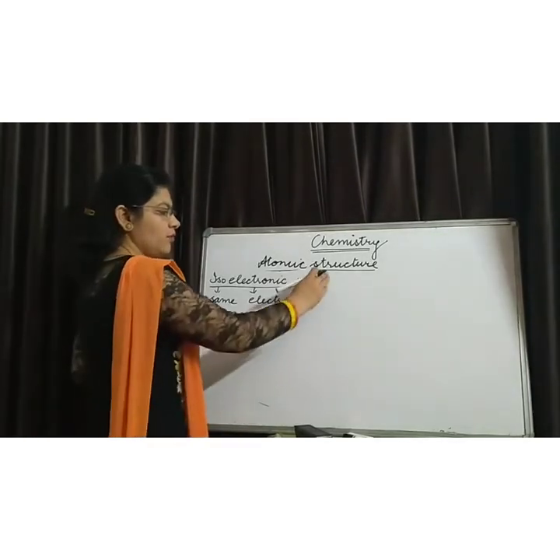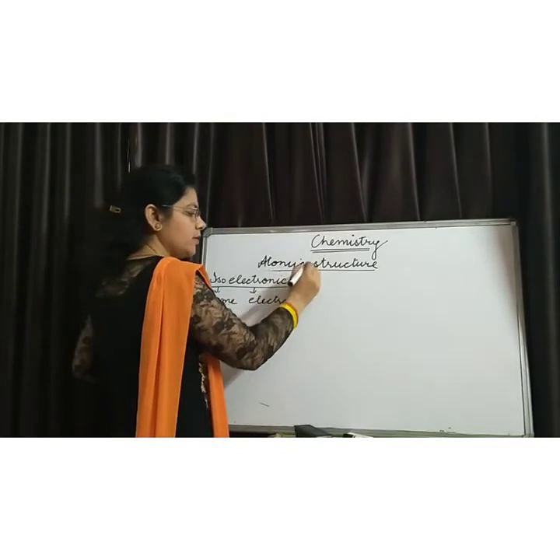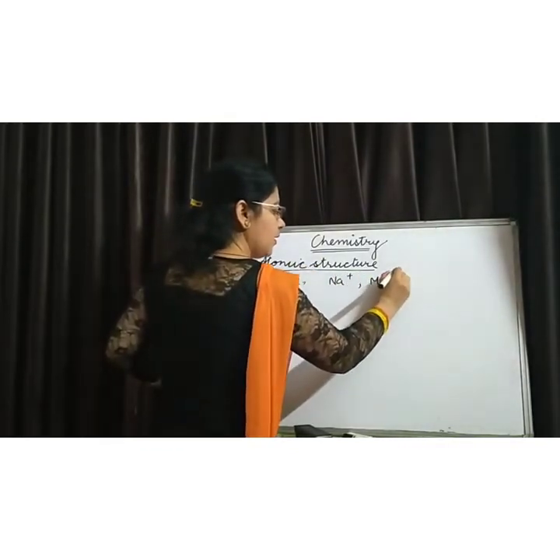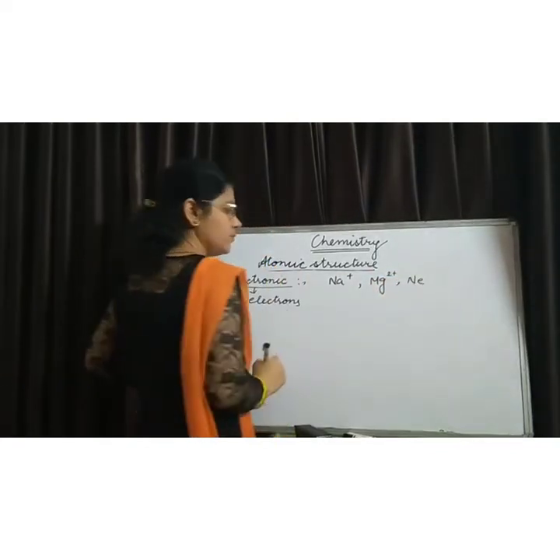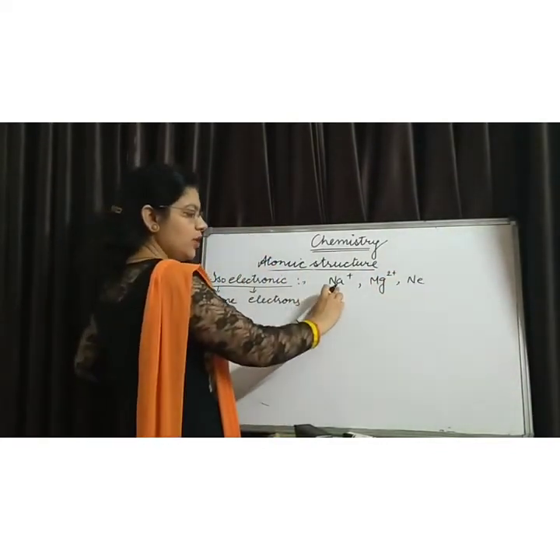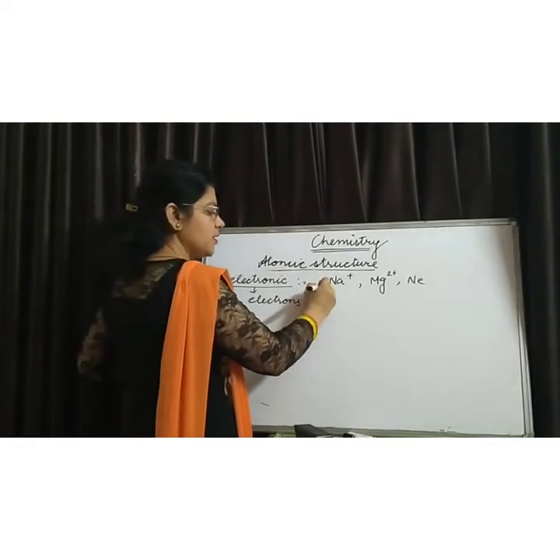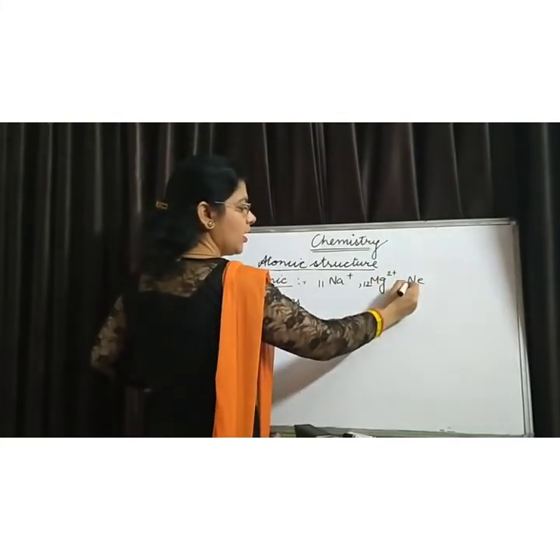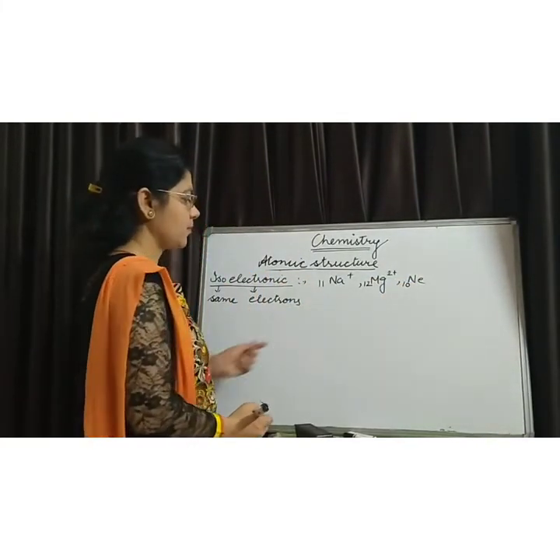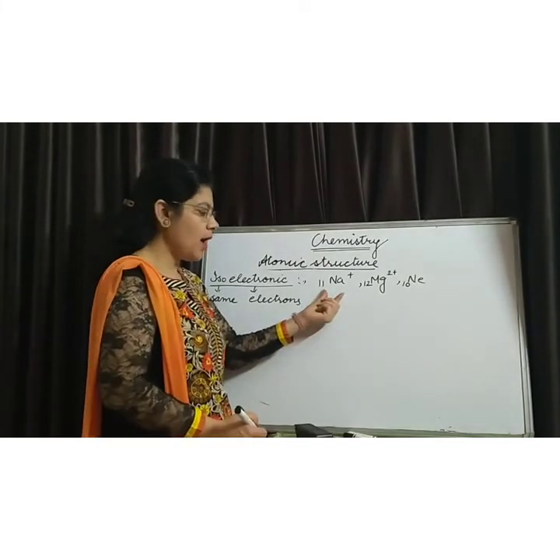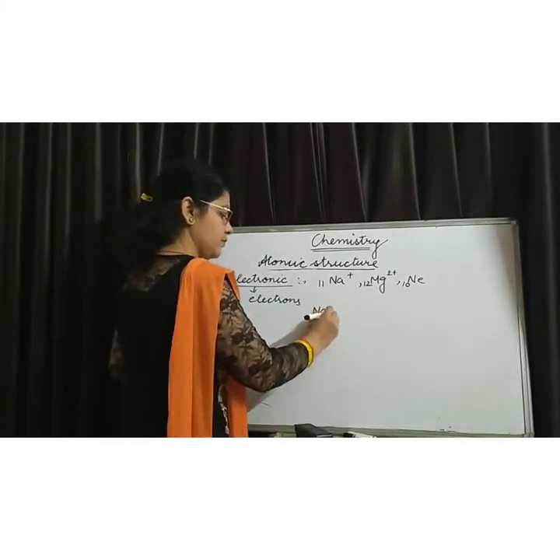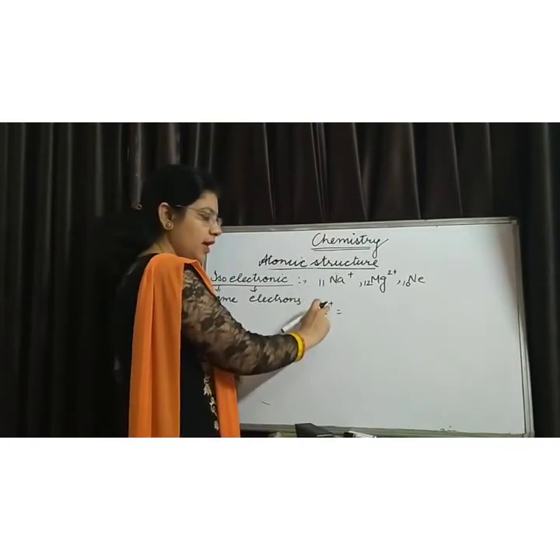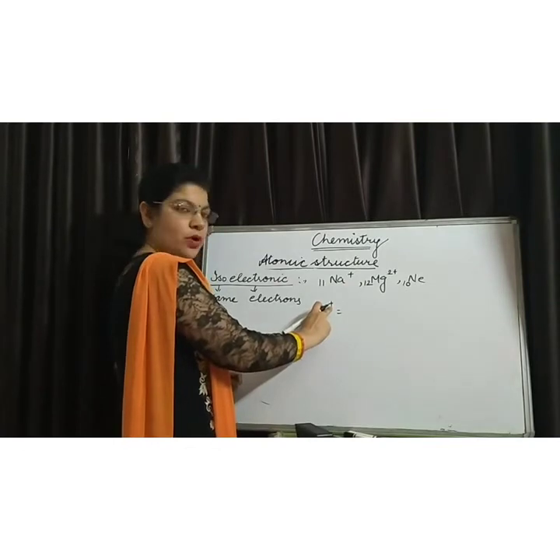For example, if we take the example of sodium ion, magnesium ion and neon. In case of sodium, its atomic number is 11, magnesium's atomic number is 12, and neon's atomic number is 10. In case of the sodium ion, its atomic number is 11 as it acquires 1 unit positive charge.